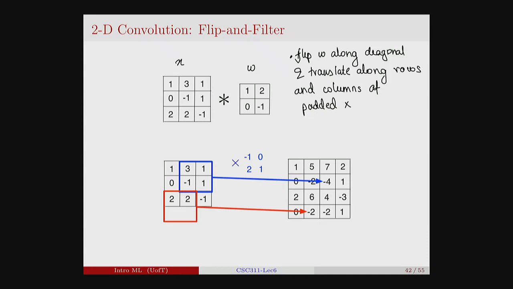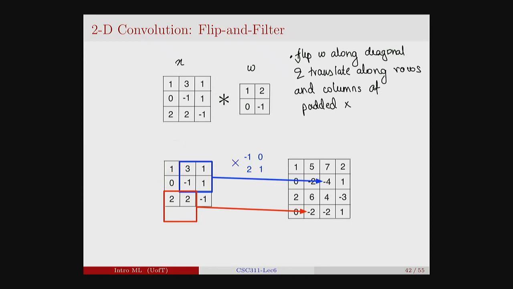If you're scanning W across the entire image, the edge cases happen when there's the least intersection that you need, which is over one element of both matrices, which happens when W is here and X is here.